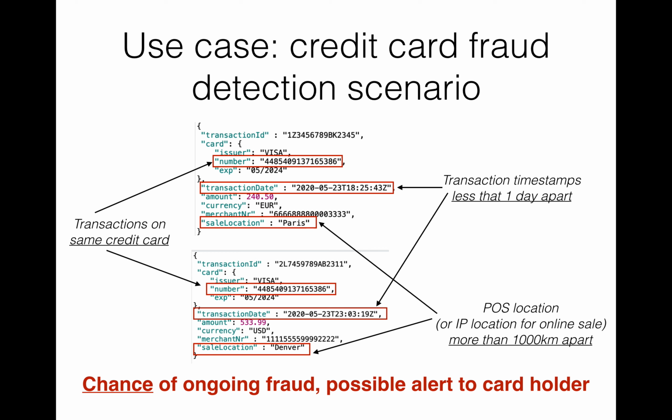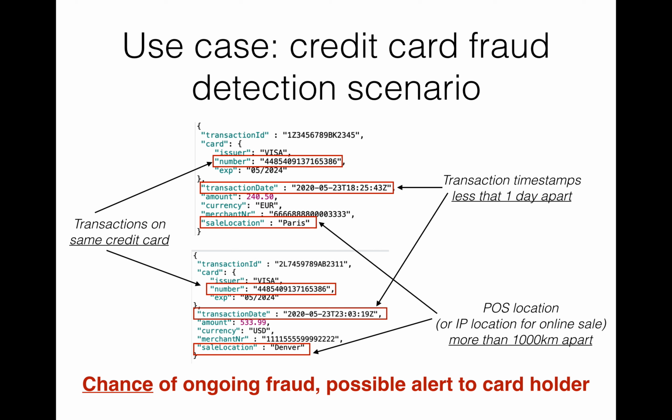Because these transaction timestamps are less than 1 day apart, and the point of sale locations are more than 1,000 kilometers apart, very far apart, then there's a chance of a fraud. The fraud took place. So an alert can be generated to the bank, and therefore to the cardholder. So this is the case.